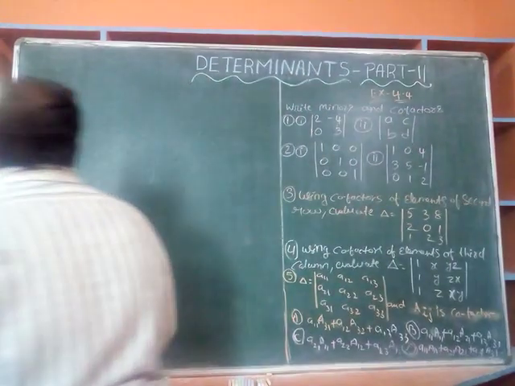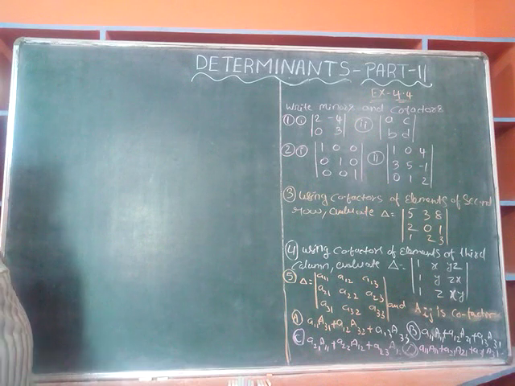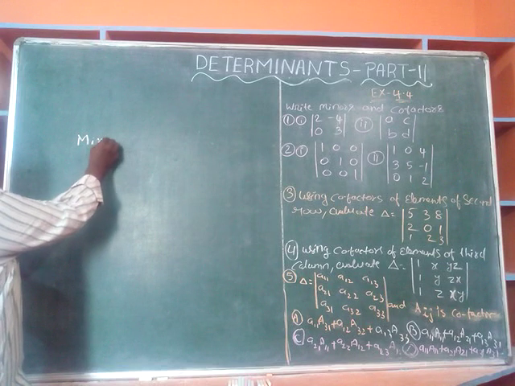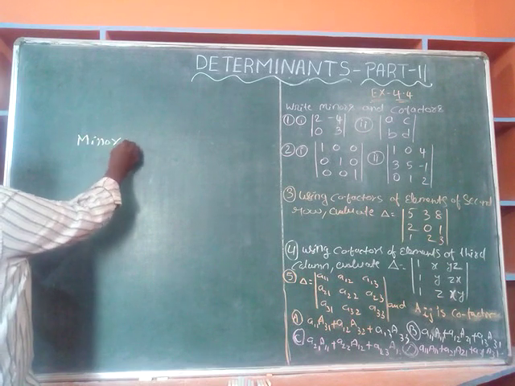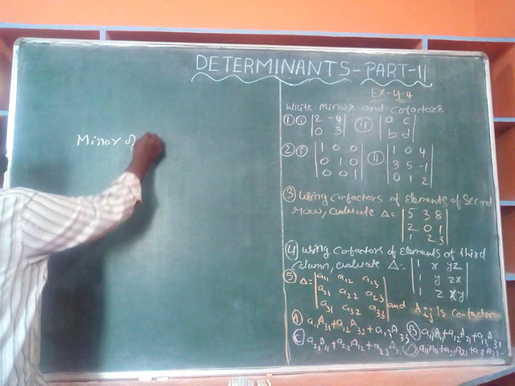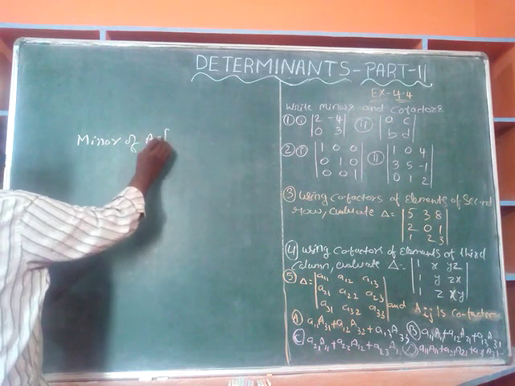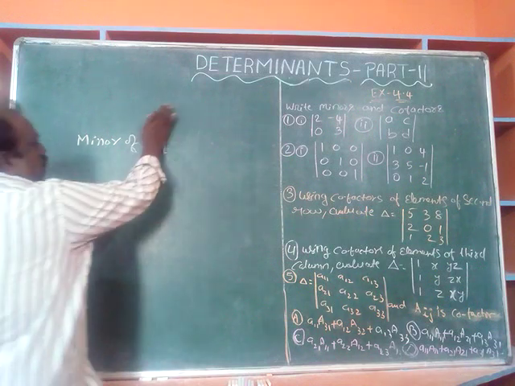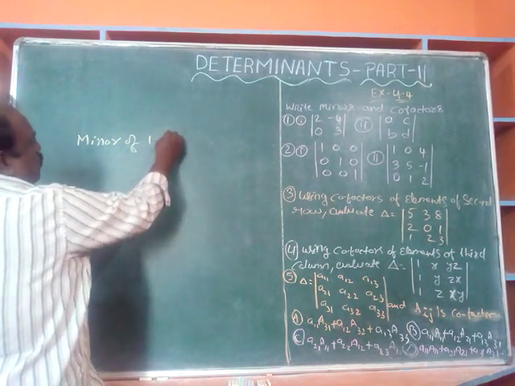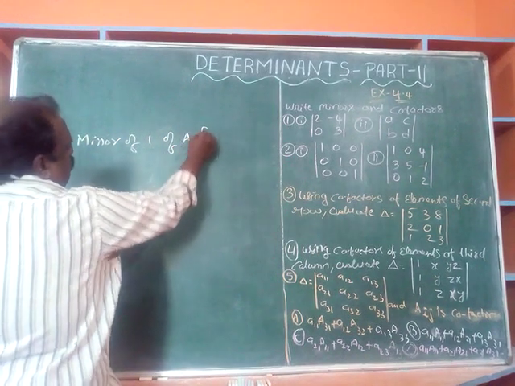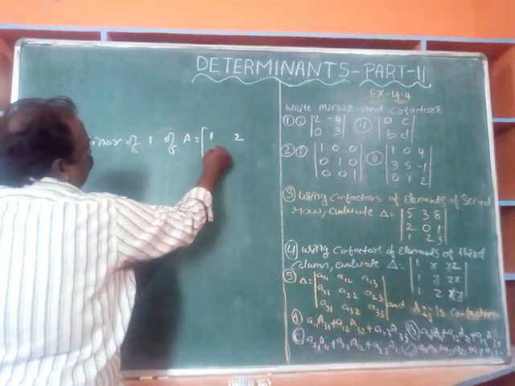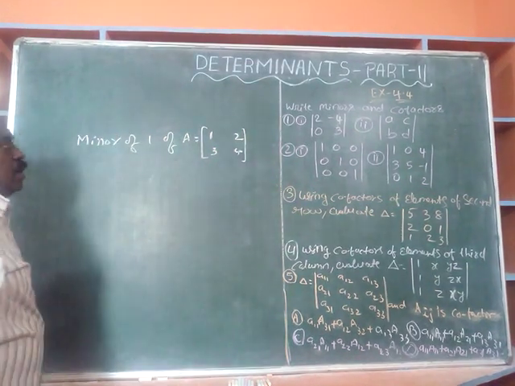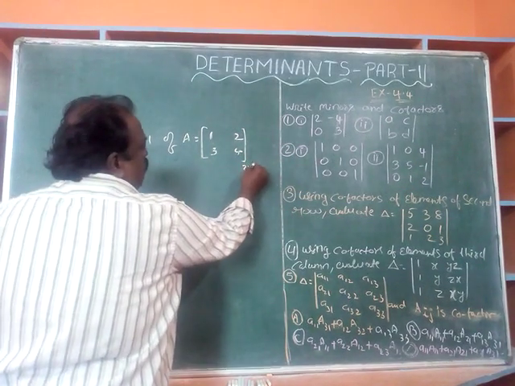Before going to that, I want to tell: minor of a matrix A is not directly given. For example, say capital A is equal to 1, 2, 3, 4. Just assume. It is a 2 by 2 matrix. Observe me.